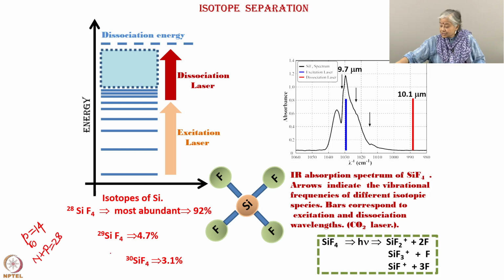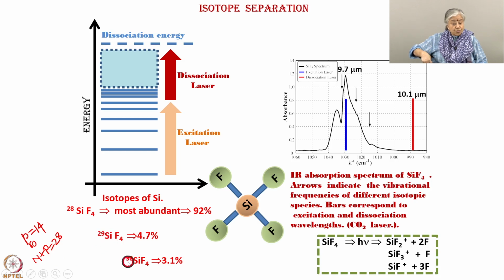But in the next isotope, here it is 29, that means one more neutron exists. Proton will remain the same, 14, because it has to neutralize those electrons which are revolving around. So, 29, you have one more neutral particle which makes it 29.